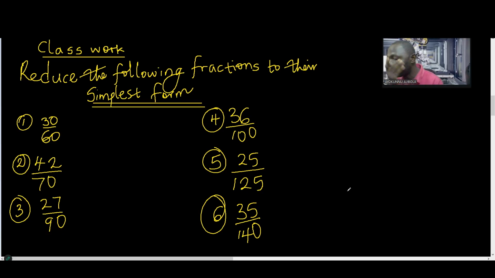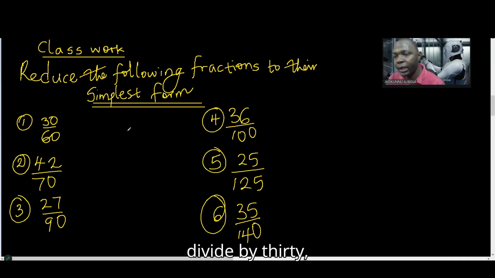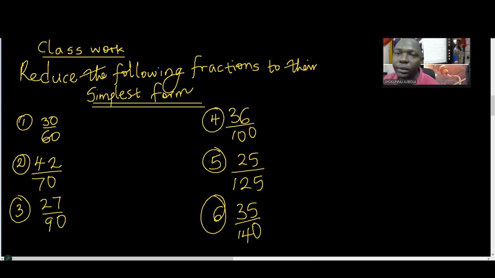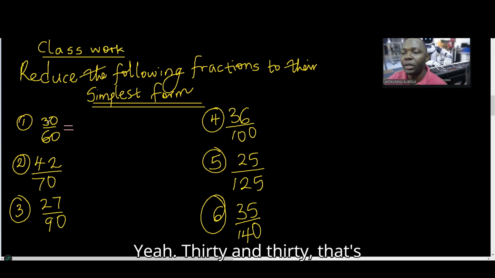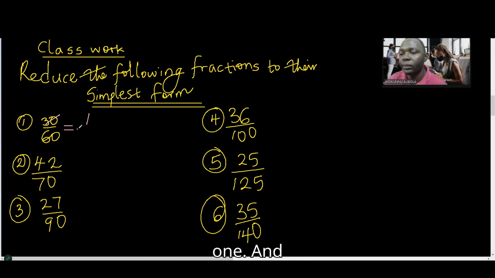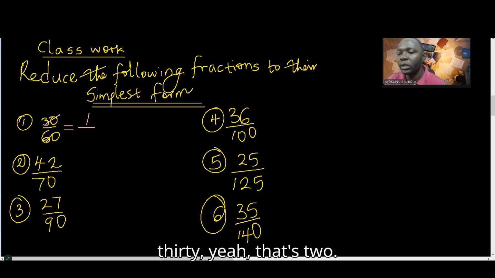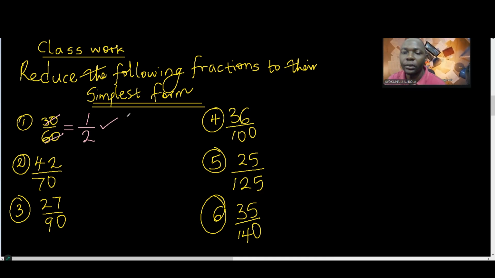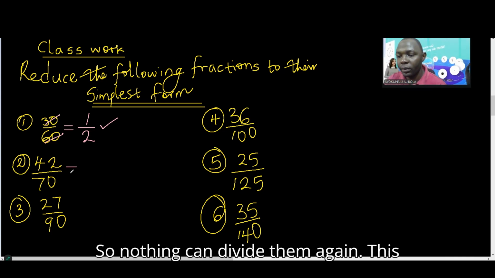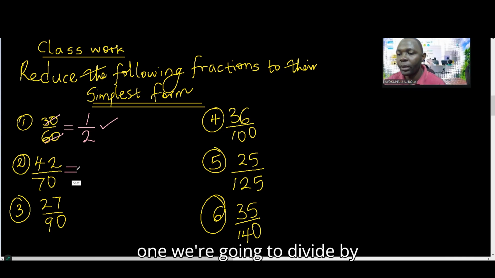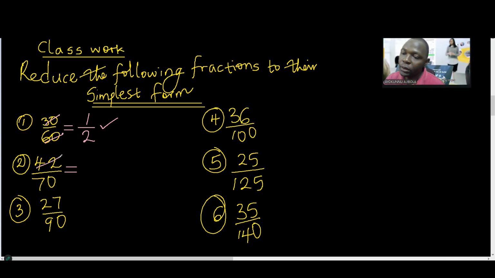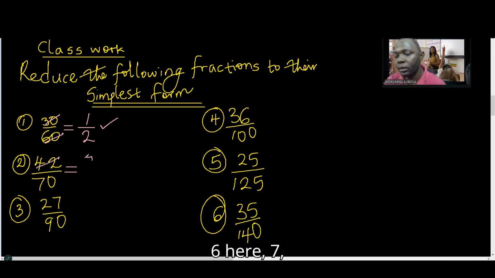So, the first one, we've got to divide by 30, right? 30 in 30, that's 1. And 30 here, that's 2. So nothing can divide them again. This one, we're going to divide by 6 here, 7.